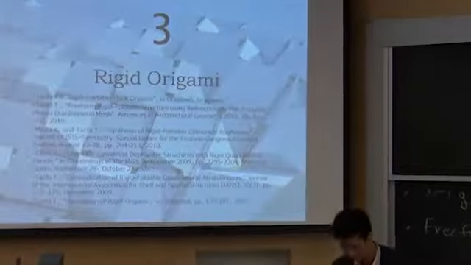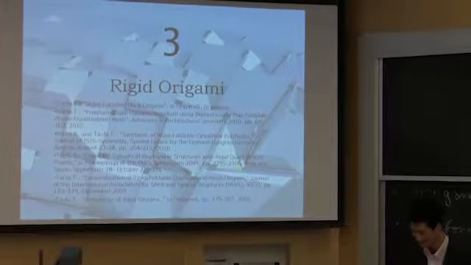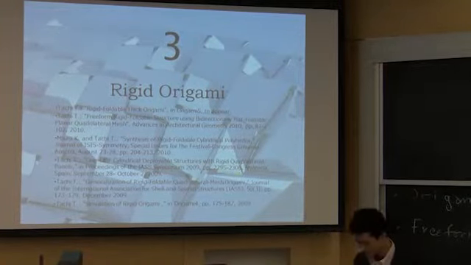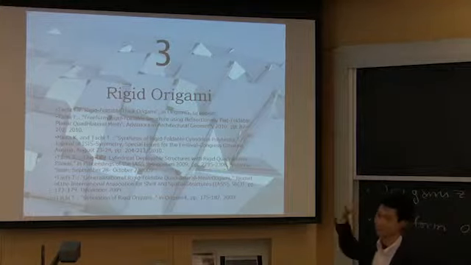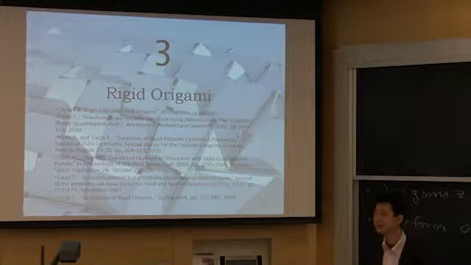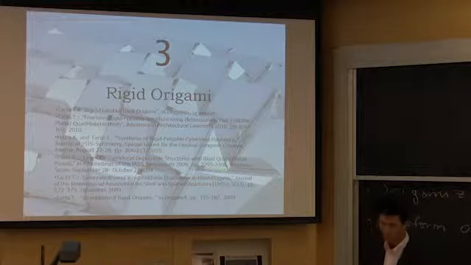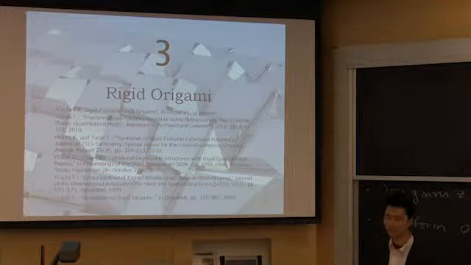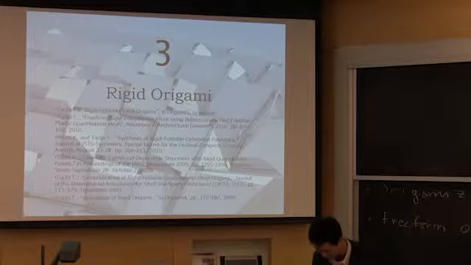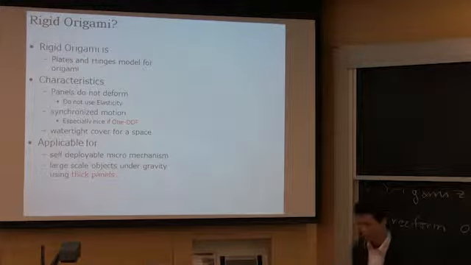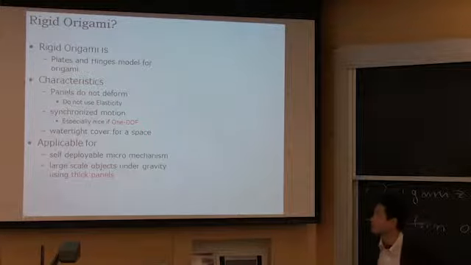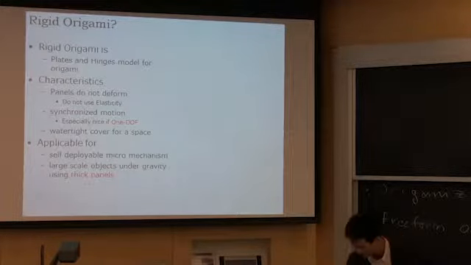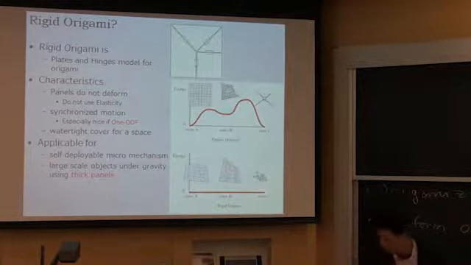So, rigid origami. This is the closest part of computational origami to architecture. Rigid origami is the Clayton Hedges model for origami, like this.